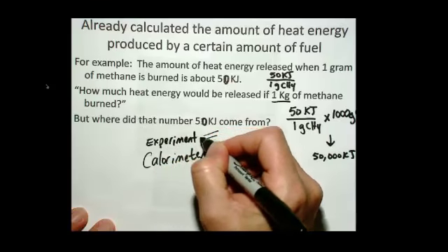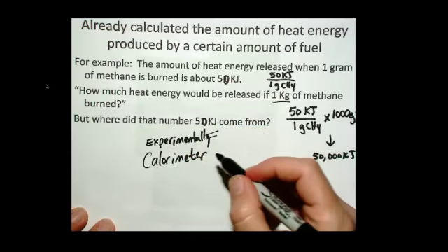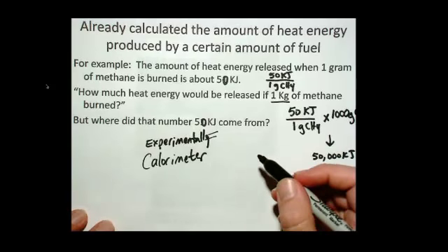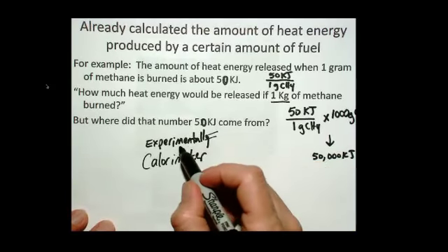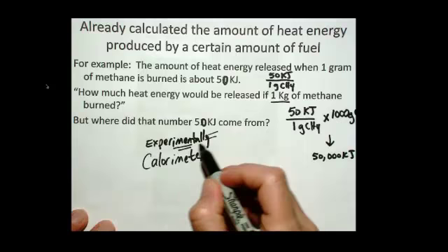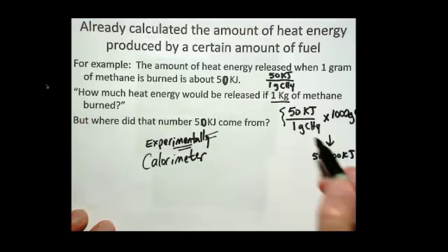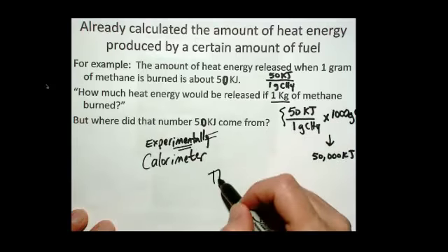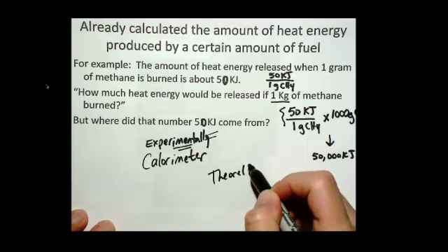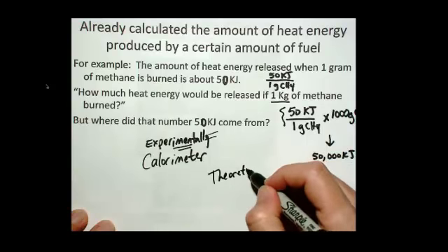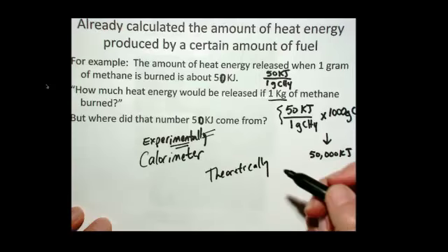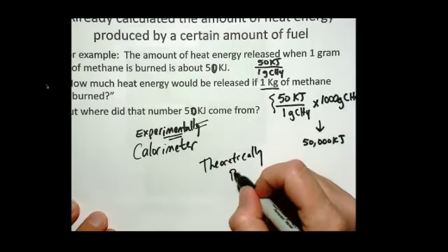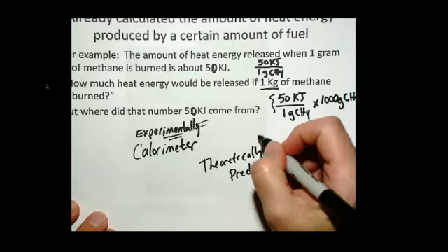Okay, we do an experiment, we burn a certain amount, we can calculate the amount of heat energy that is given off, so we can experimentally determine these types of relationships, but we can also theoretically predict these types of numbers as well.